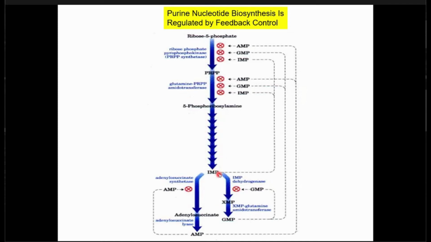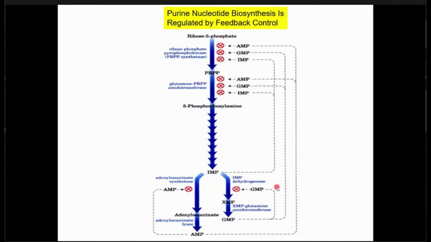So this is the end product, IMP, inosine monophosphate. From the inosine monophosphate, you get your AMP or you get your GMP, which are the purine nucleotides. So basically, we started from PRPP, we end up at the IMP, and from IMP, we get AMP and GMP.